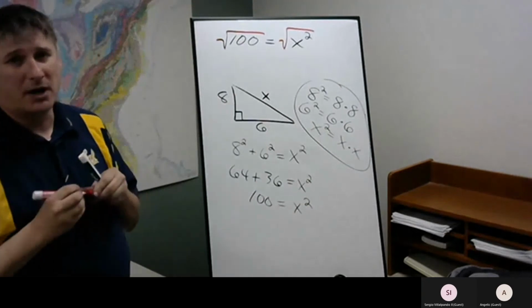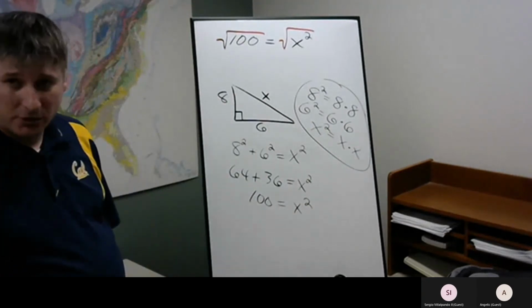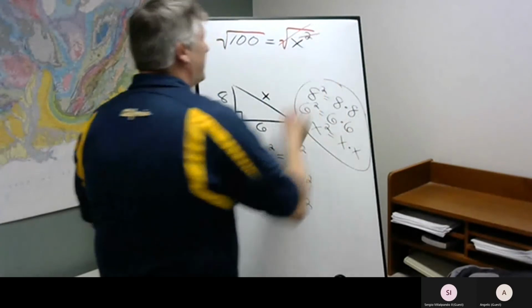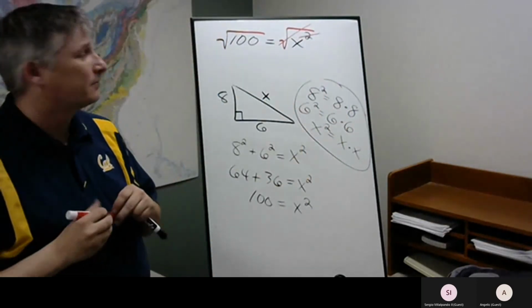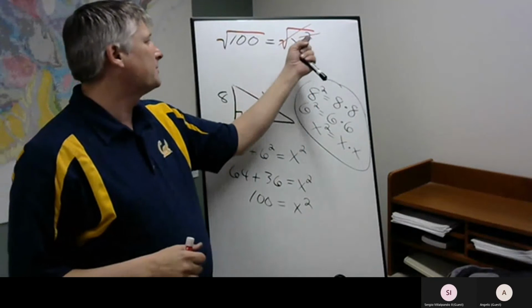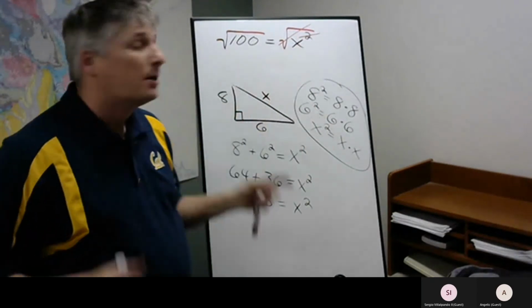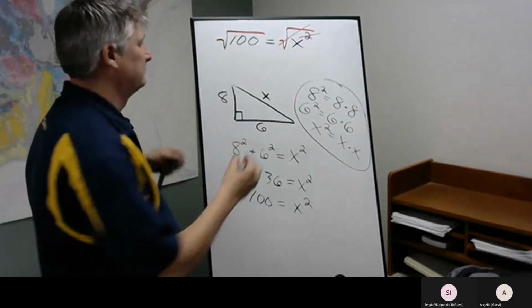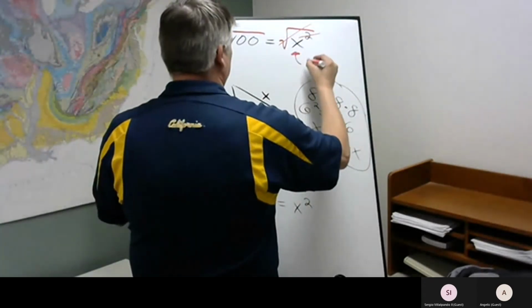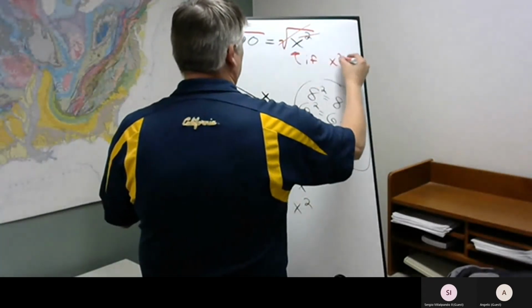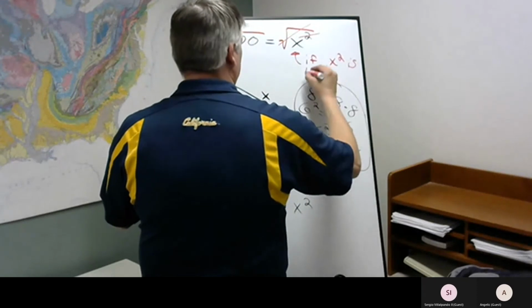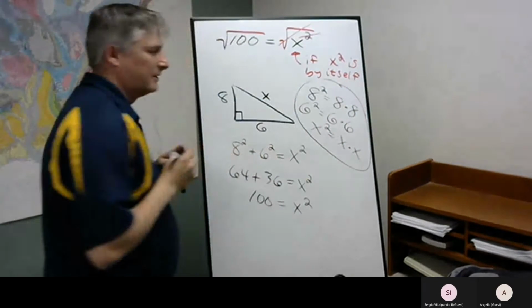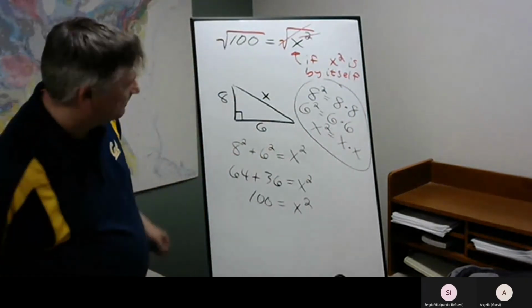We're going to square root both sides. And it turns out that the square root and the square cancel each other, provided x squared is by itself.